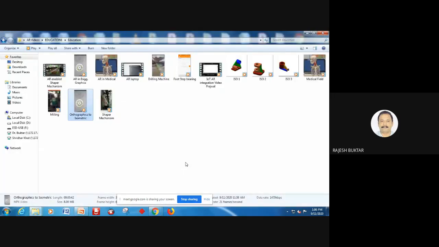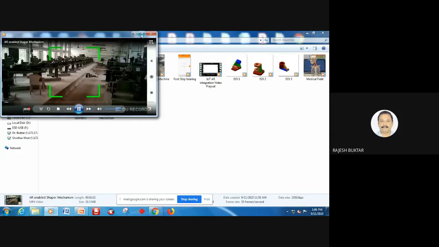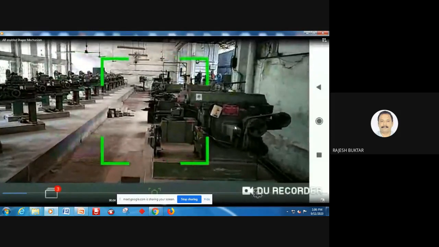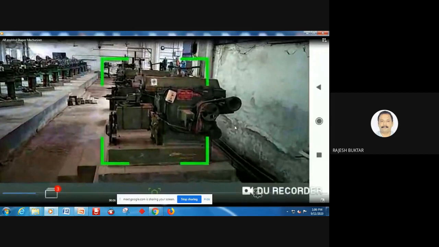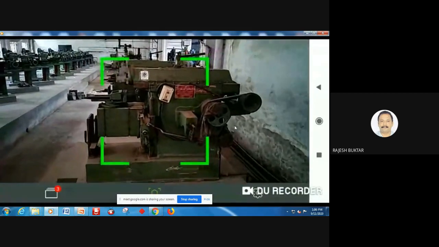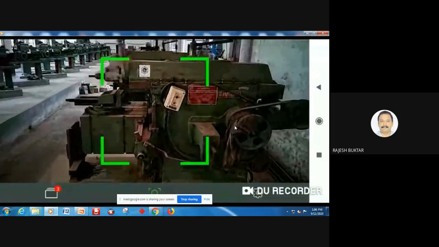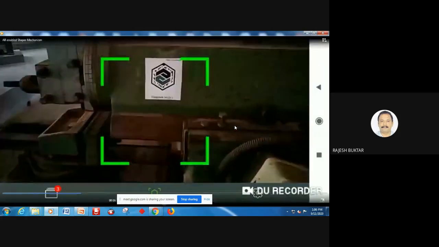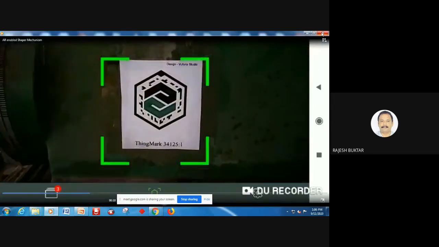Then energizing from this, we thought of using it in our workshop. So wait, I will play the other version of this.